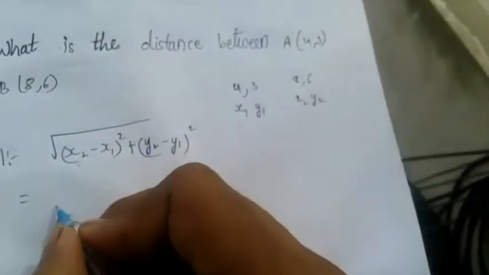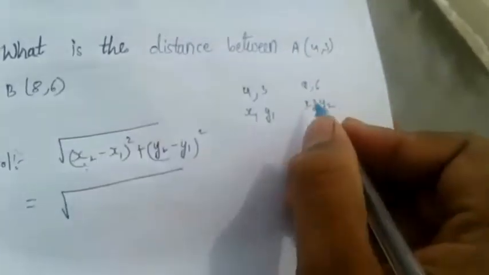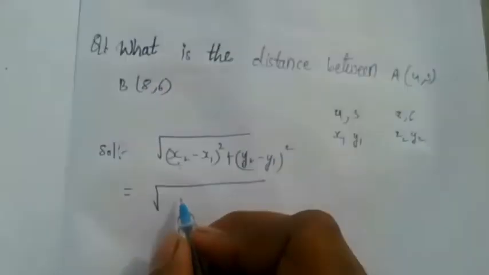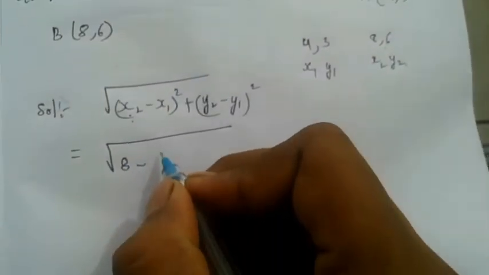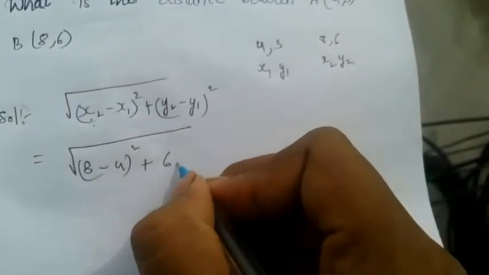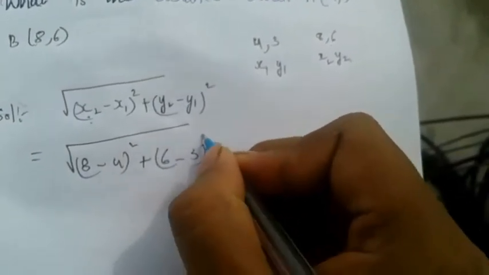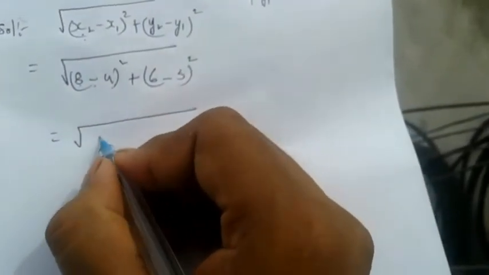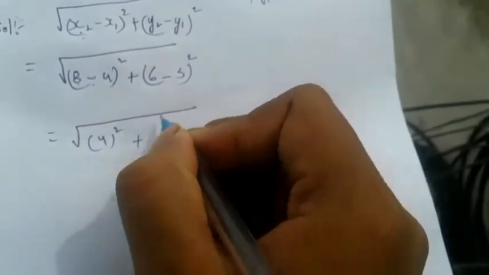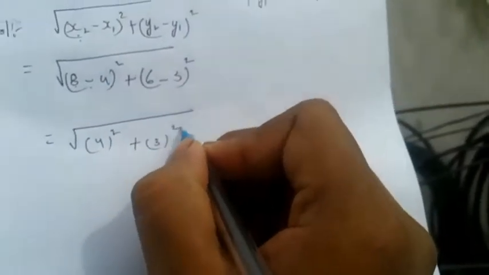So now we are going to write under root of the same. What is x2? x2 is 8. So we are going to write 8 minus, then x1 is 4, whole square, plus y2 is 6 minus y1 is 3, whole square. So again we are going to solve this. Under root of (8 minus 4 is 4) whole square plus (6 minus 3 is 3) whole square.